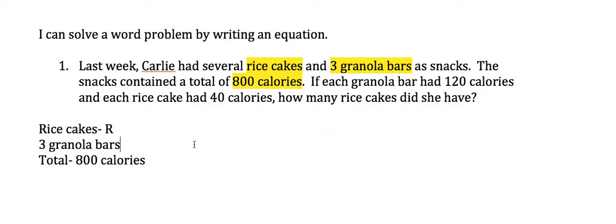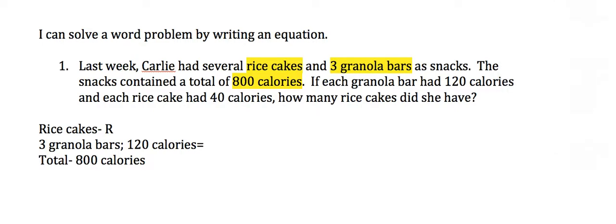Okay, let's keep reading. If each granola bar has 120 calories, we know that she had 3 granola bars, and each granola bar has 120 calories. So, total, we can figure out how many calories she ate in granola bars. 3 granola bars, 120 calories each.